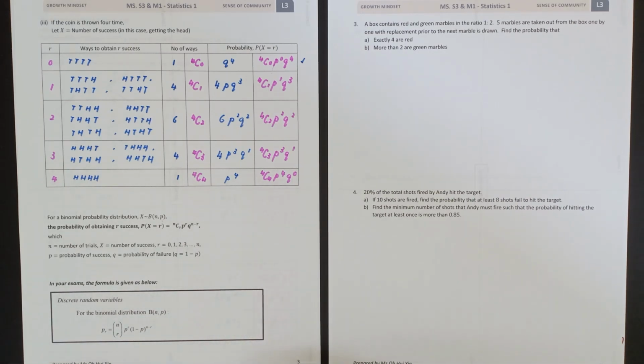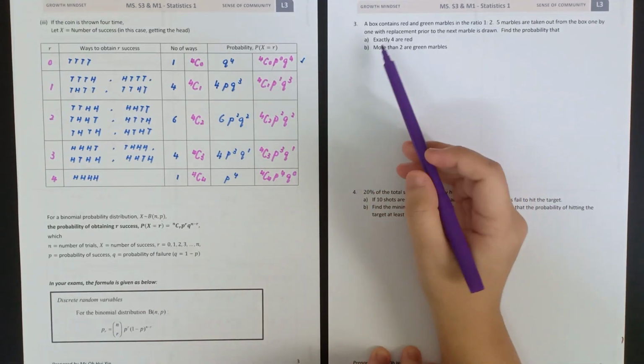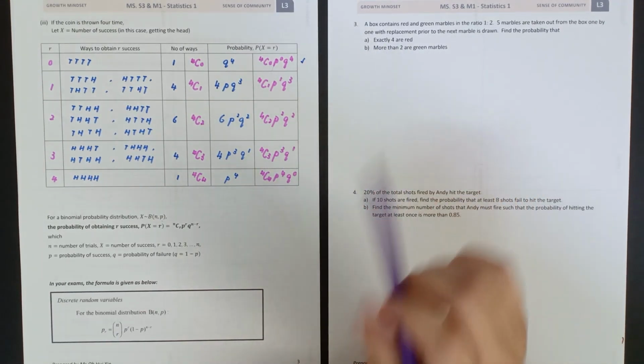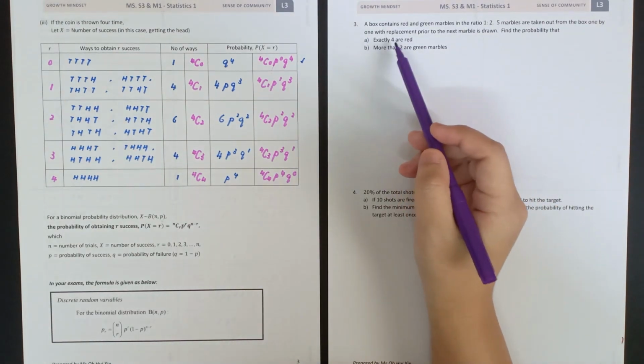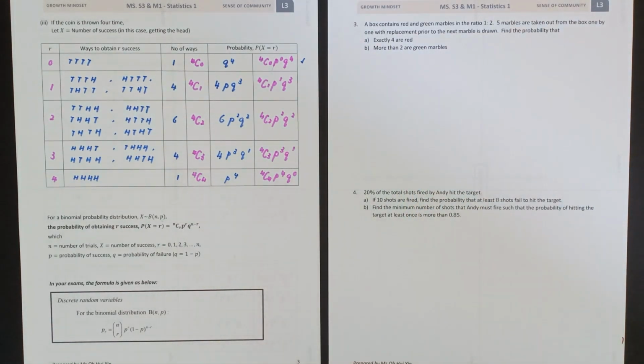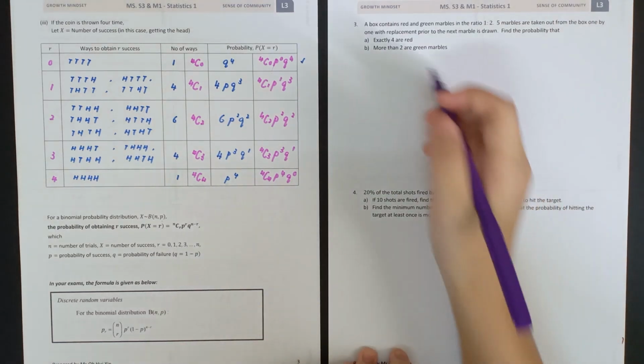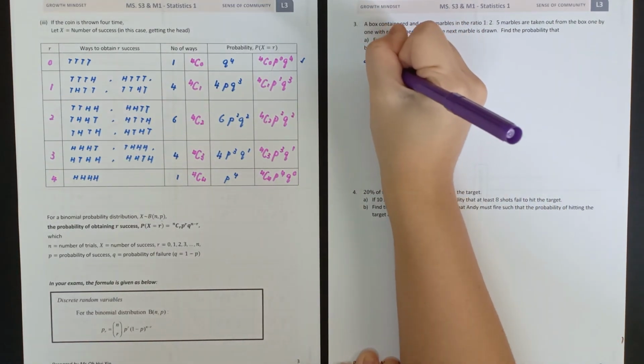Okay, so for this one, you can see that A and B, they are asking different things. So for this kind of question, you need to be extra careful that you do not mix up or confuse your success and your failure. Okay, so since A is asking about the red and we are trying to do A first, we state that the number of success refers to the number of getting a red first.